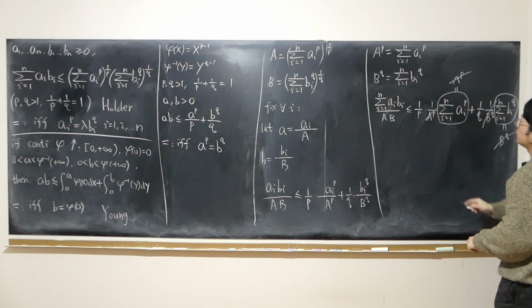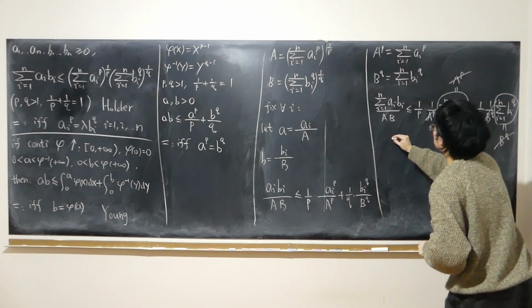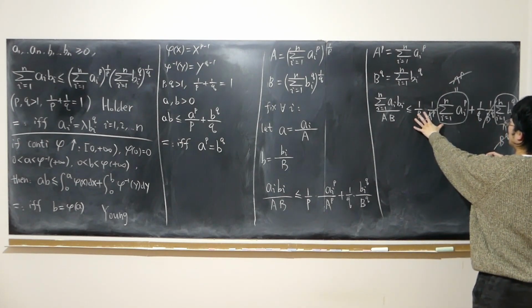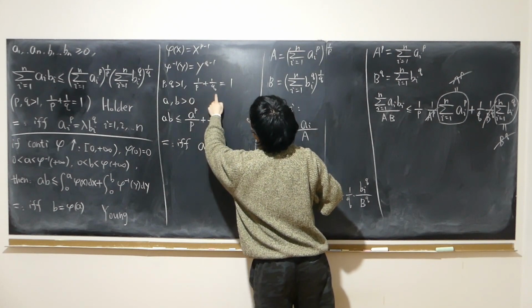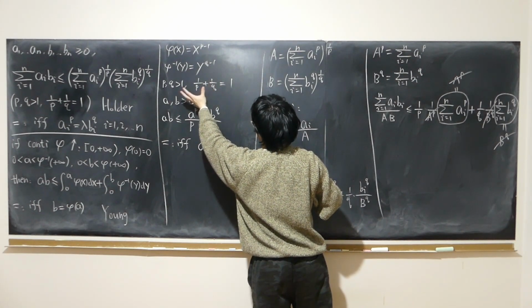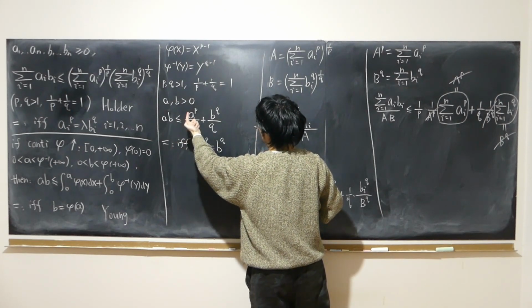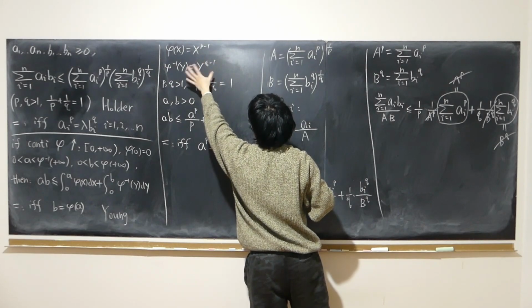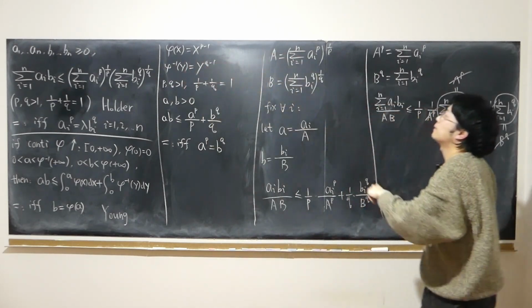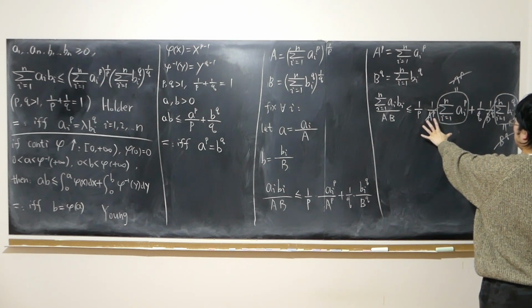And I still have 1 over p plus 1 over q, which is equal to 1, it turns out. I established this fact previously, so that is definitely true. So the right-hand side becomes 1 all of a sudden.